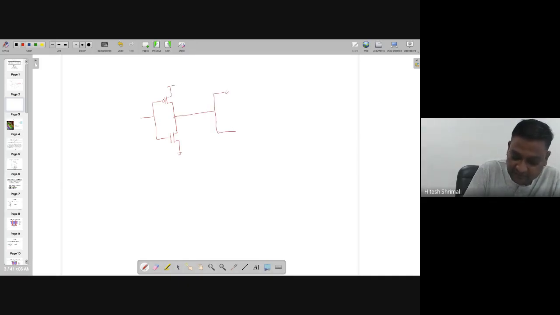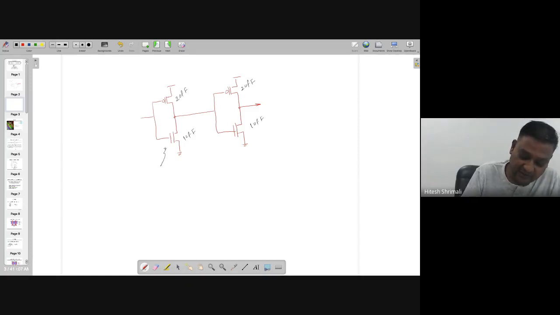So if I connect an inverter right after the first inverter, as we understand, the capacitance offered by this one is around 20 femto, and this one by NMOS is 10 femto. Same for here, provided that the W by L are equal.